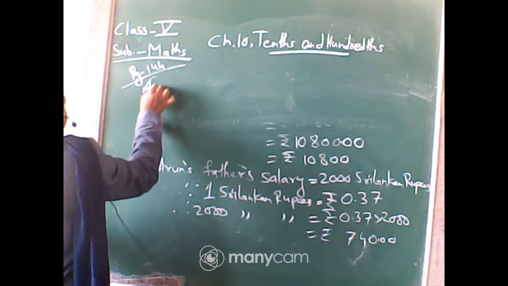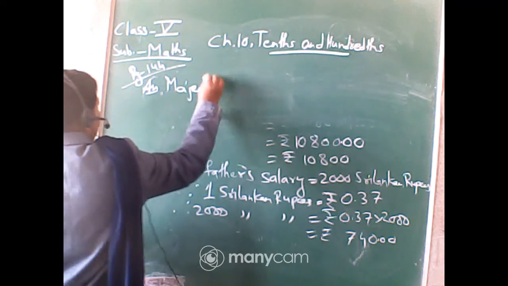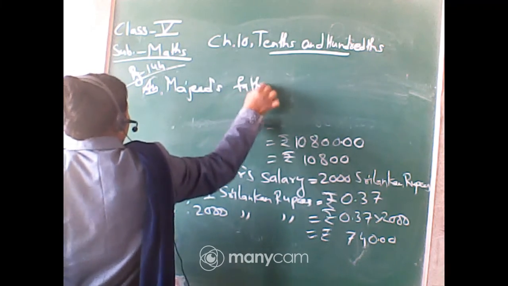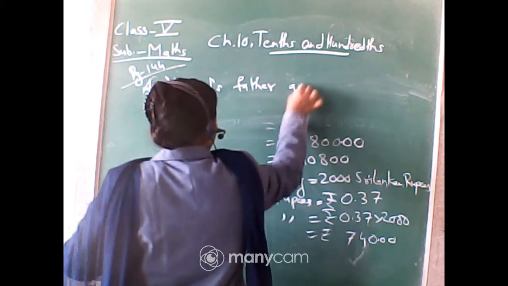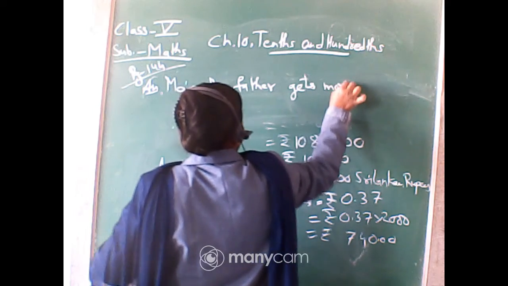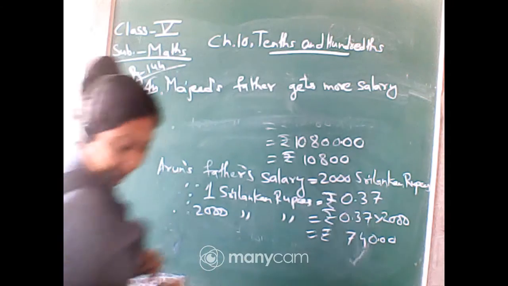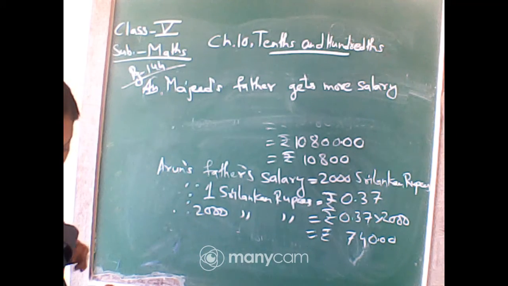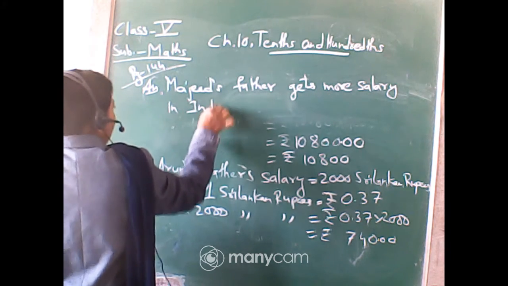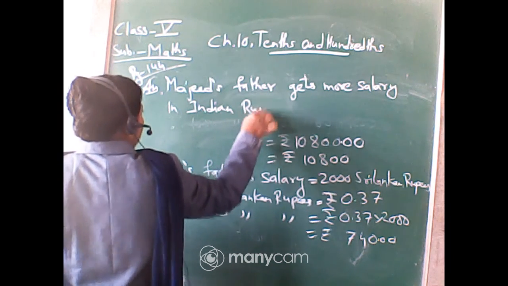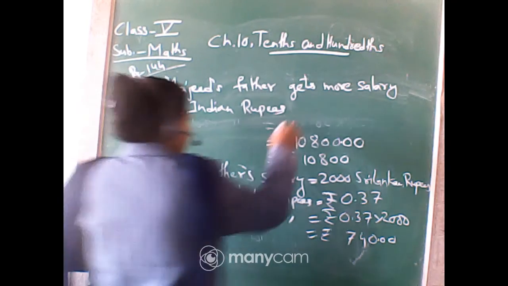Answer will be: Majid's father gets more salary in Indian rupees than Arun's father.